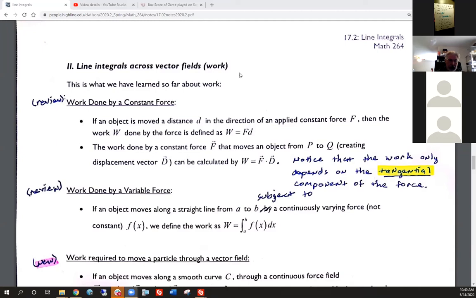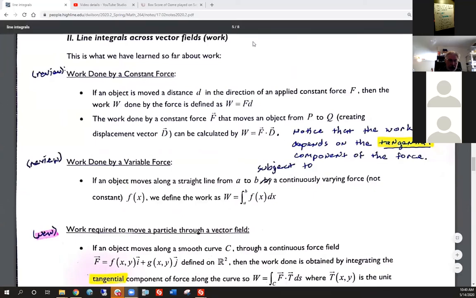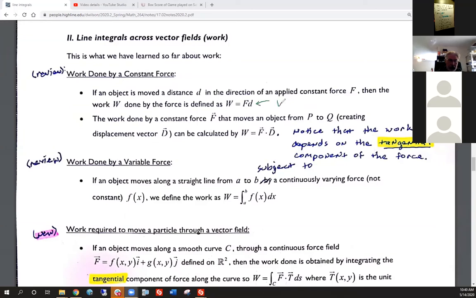But the short version is that we like to think about work as equaling the force times the distance.